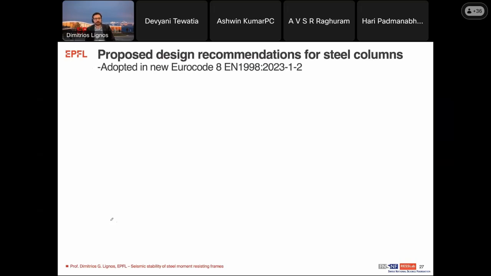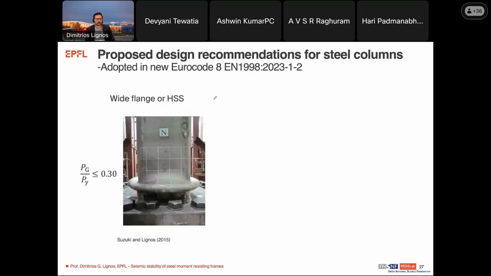Also, we made some design recommendations related to some of these problems that have been adopted in the new revision of Eurocode 8. This code is going to appear, I would say, later this year. So for wide flange or HSS columns, again, the gravity-induced axial load ratio should be limited to 30%.